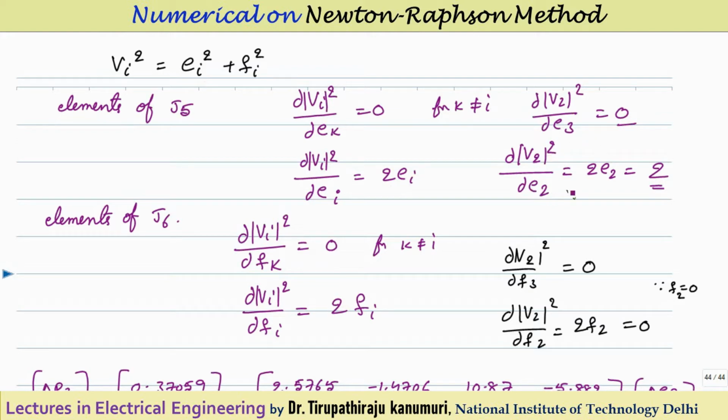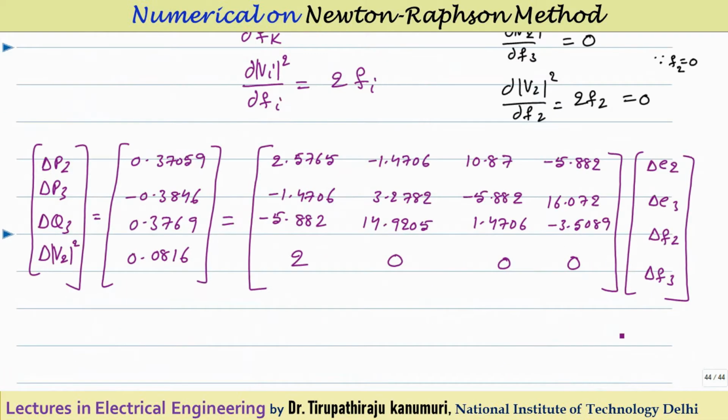Dou V2 square by dou E2 will be equal to 2E2, and because E2 is equal to 1.0, it becomes 2. Similarly, for the element J6, dou Vi square by dou Fk will be equal to 0, and dou Vi square by dou Fi will be equal to 2 times Fi. In our example F is equal to 0, so these two will become equal to 0.